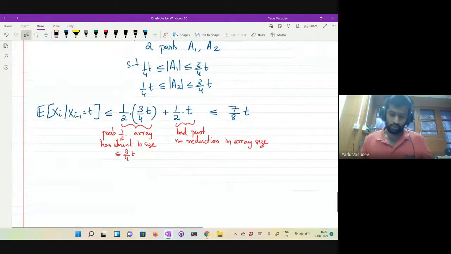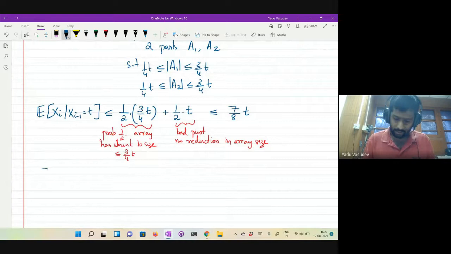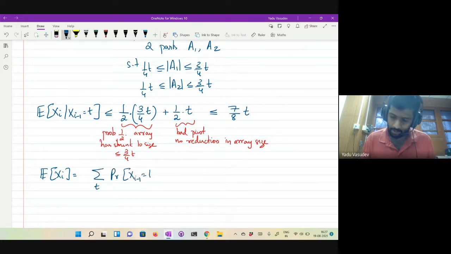Good. So now let's do the calculation again. Let's calculate expectation of xi. So what is expectation of xi? This is summation over the values of t, probability that xi minus 1 is equal to t times the expected value of xi given that xi minus 1 is equal to t. And this you can write again as follows.